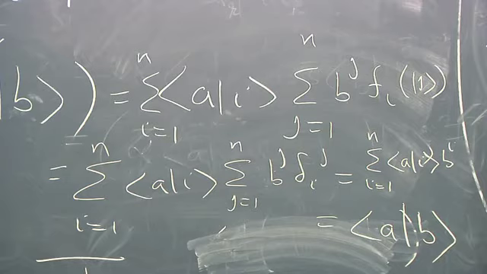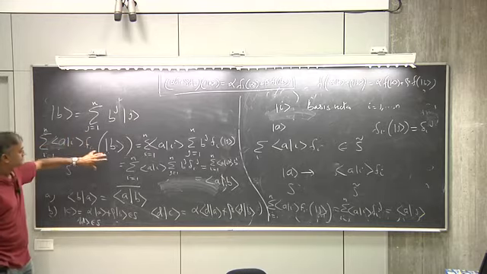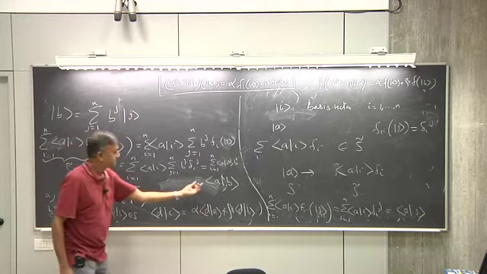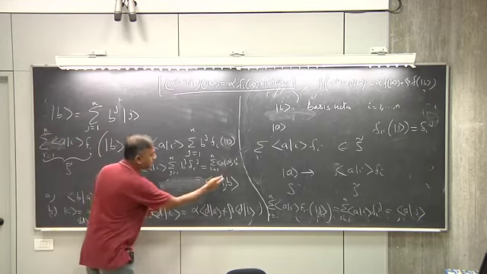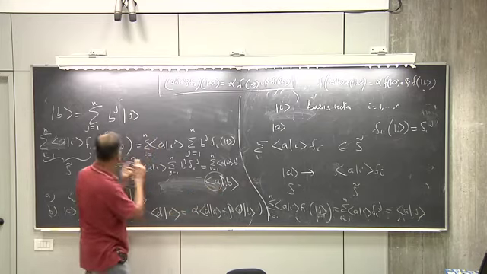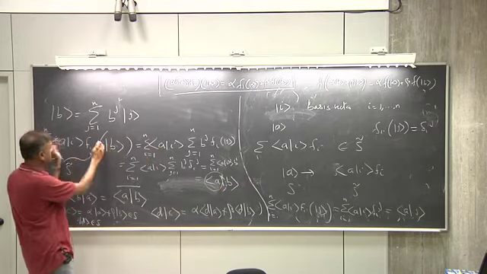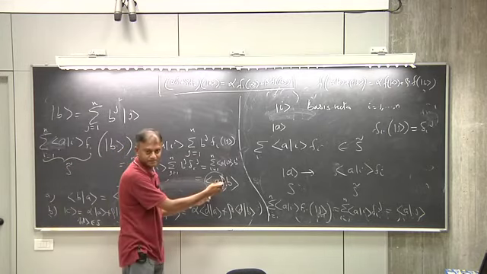So you see this linear function plays the same role as this a in the scalar product. Because this is an arbitrary vector b, this function acting on it gives you the same number as the scalar product of a with b.